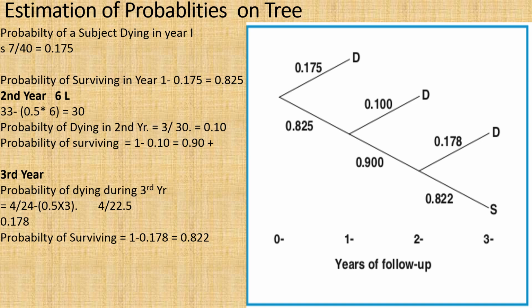Okay, now if I have calculated all these probabilities, someone asks me what is the cumulative survival probability of the individuals for the 3 years duration. During the third year, what is the cumulative survival? Cumulative survival means let's multiply these values.